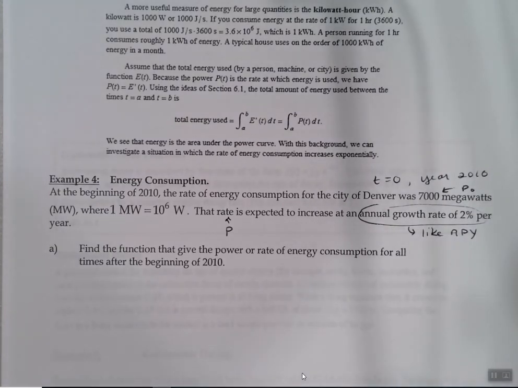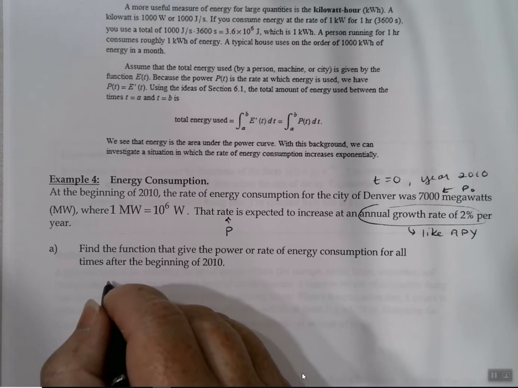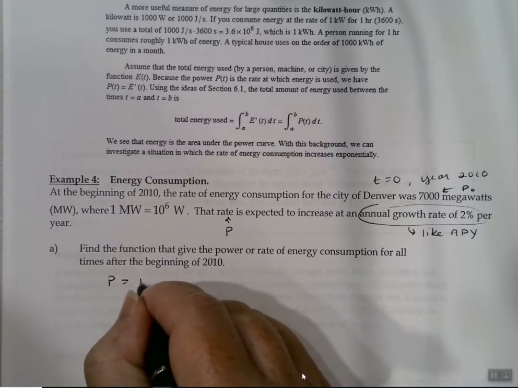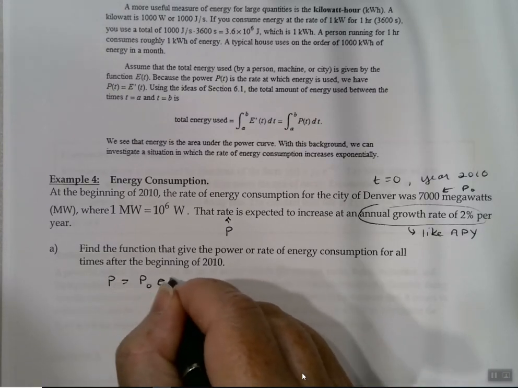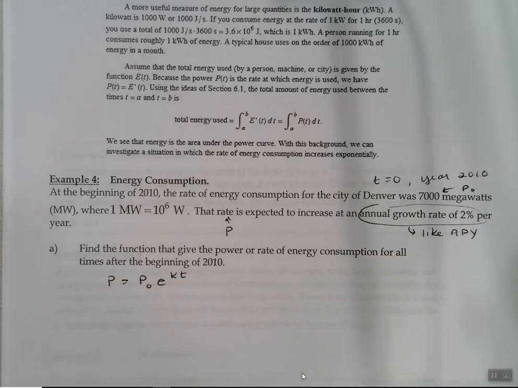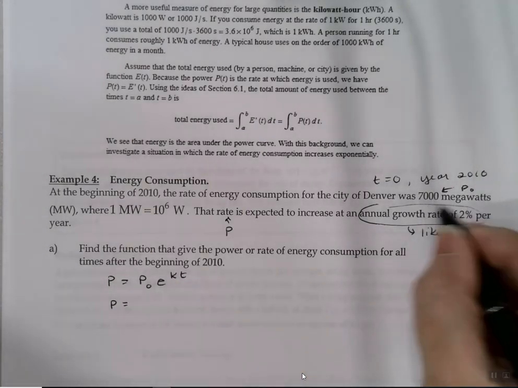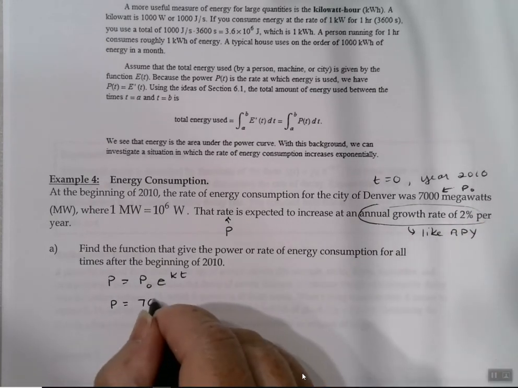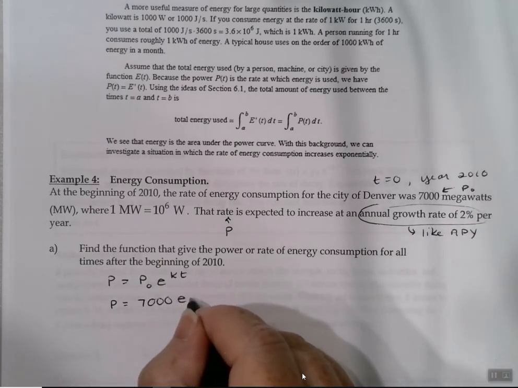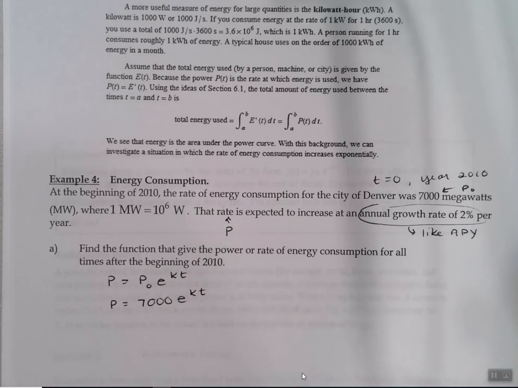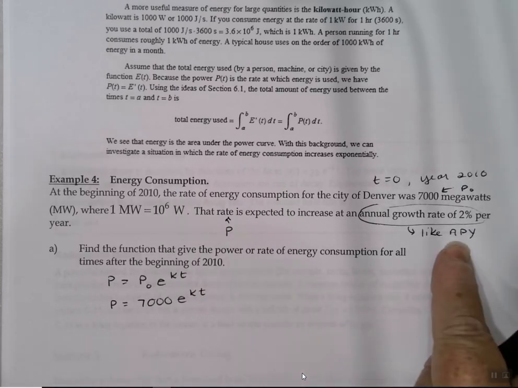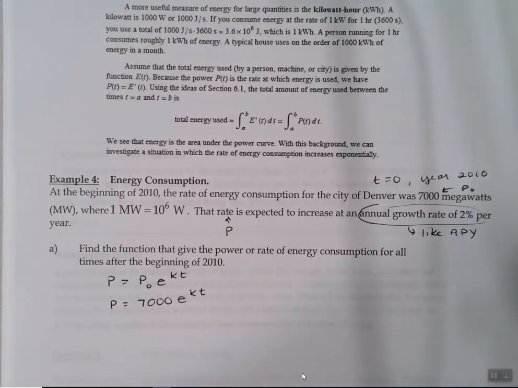So let's see if we can use that to come up with a power or rate of energy consumption function. I'm going to say power P equals P naught e to the kt. P naught is that 7,000 in the year 2010. And then we also know that we get an increase of 2% per year.